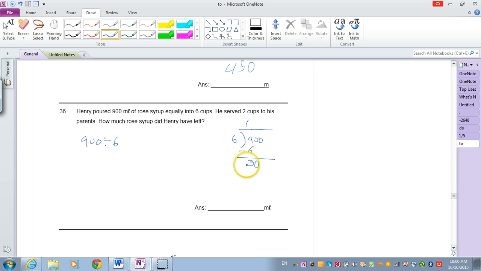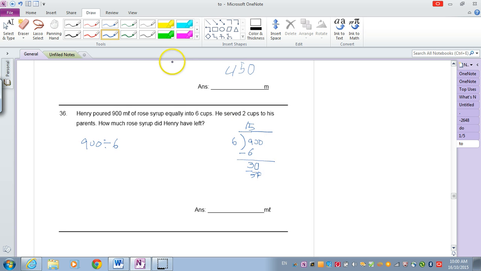So 30 divided by 6. You go through your 6 times table, you will realize that 5 times 6 gives me 30.